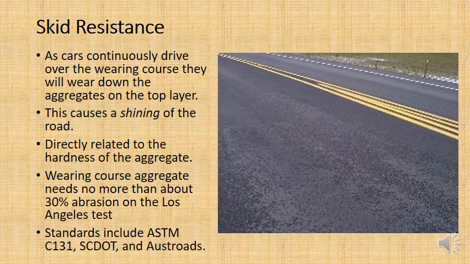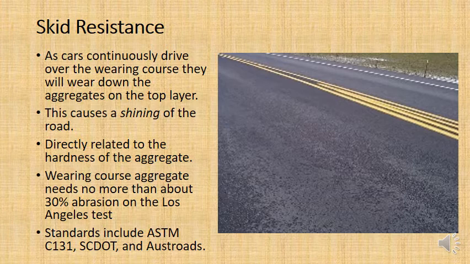So remember, as cars are continuously driving over the wearing course, basically the aggregates are being rubbed and they are being worn down. And this is because the aggregate doesn't have enough hardness.